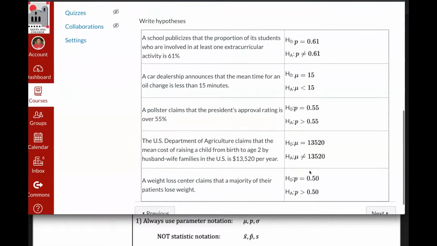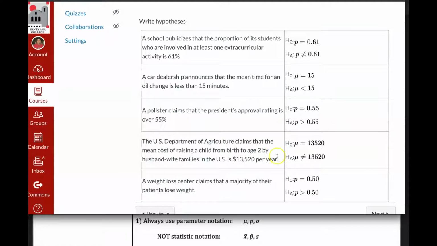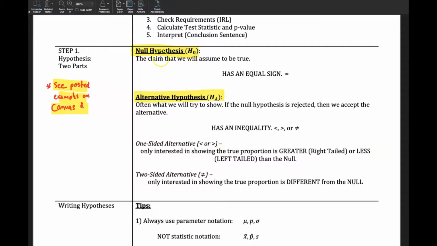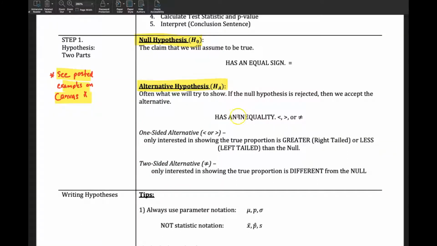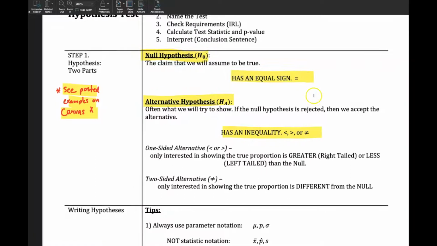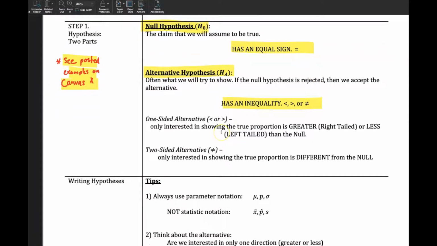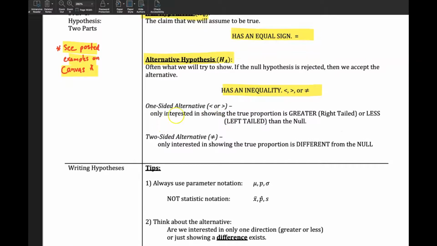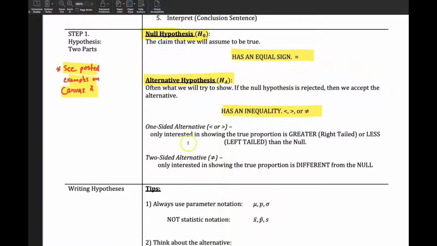Okay, we'll come back to look at some of those, or you can come and look and see how they were written there. Now, that's what we're talking about here as we do the null hypothesis and alternative hypothesis. The alternative always has an inequality symbol. The null hypothesis always has equals in it. And then we name these tests depending upon whether it's less than or greater than.